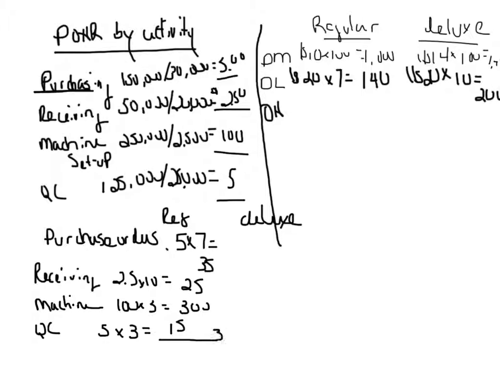What does that number represent? You've come up with the allocation of overhead for the regular pillows for this order. We can put that right up in our overhead calculation, $375 for regular pillows.